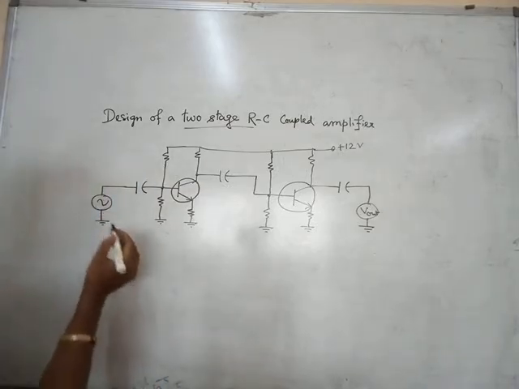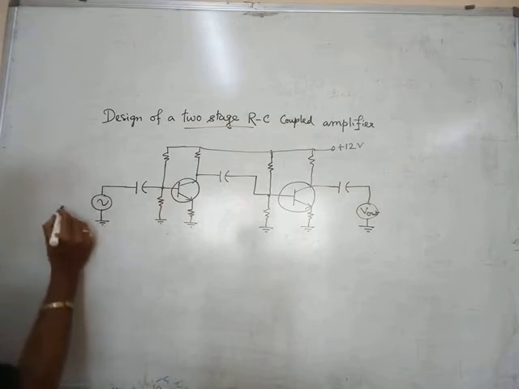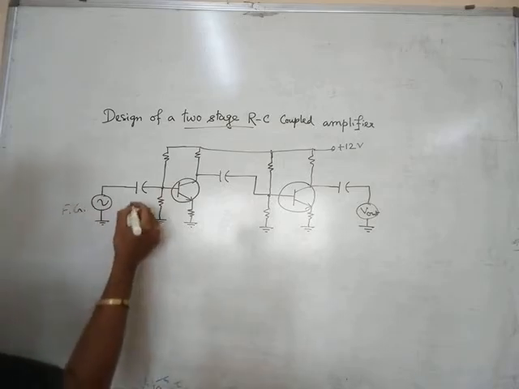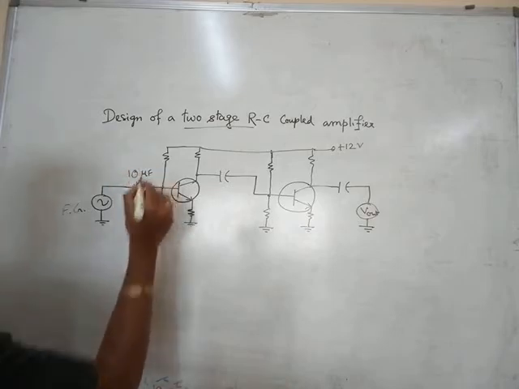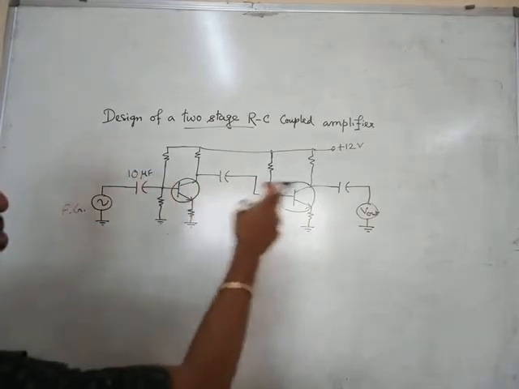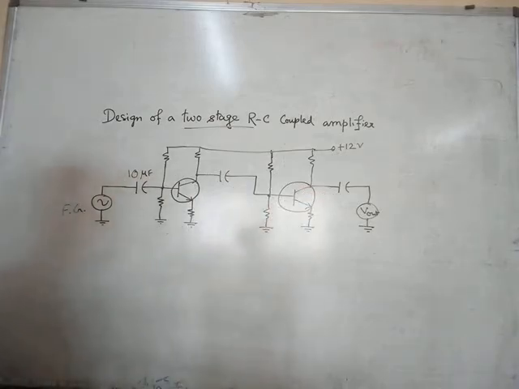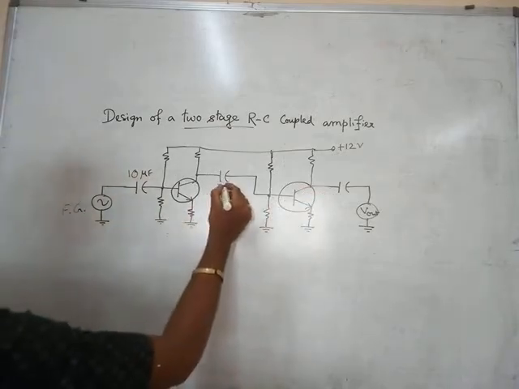This input we have to get from function generator. This is a capacitor value 10 microfarad. You should take the same value of these three capacitors. The value should be same.